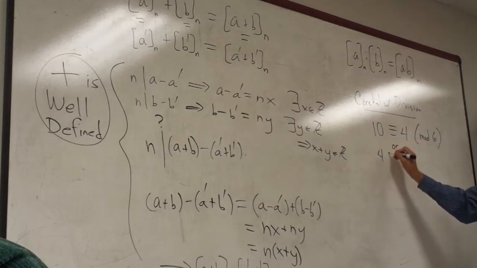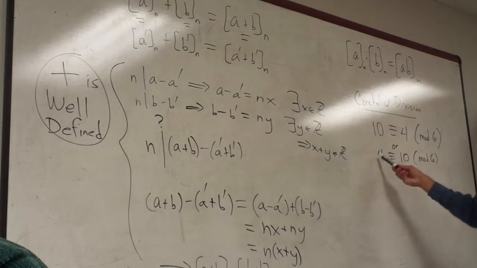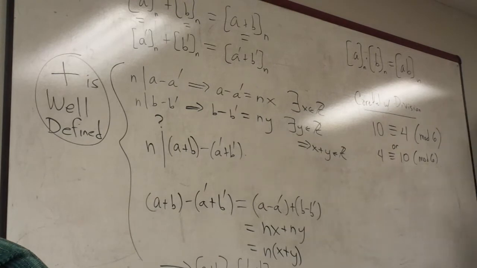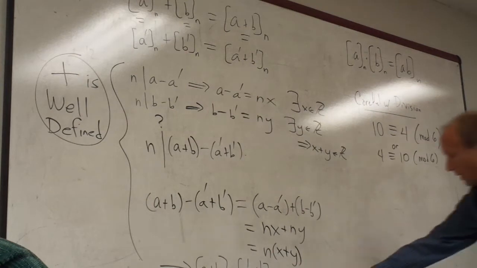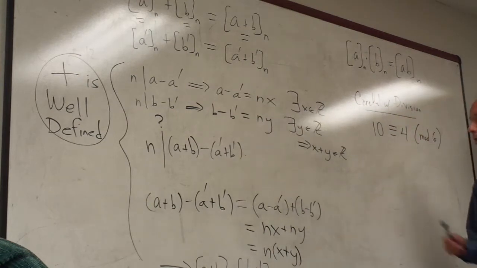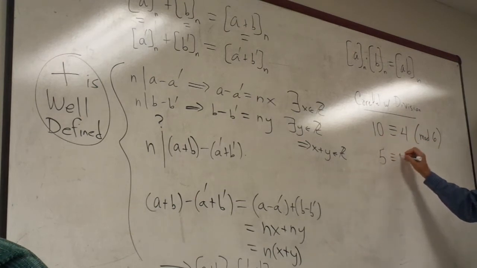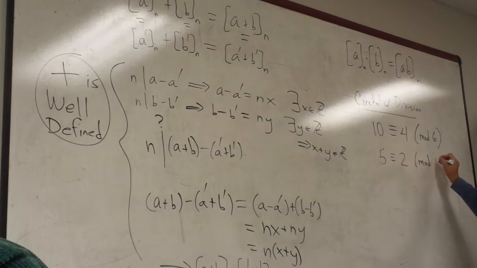Nope. These mean the same thing. The point is, if you subtract these numbers from each other, you get a multiple of 6. So that is true. However, if you divide both sides by 2, you would get 5 congruent to 2 mod 6, and that is not true.